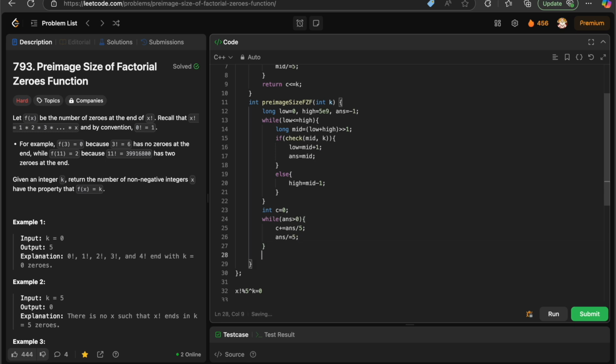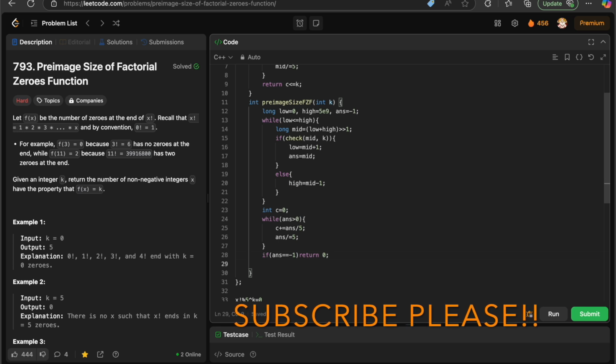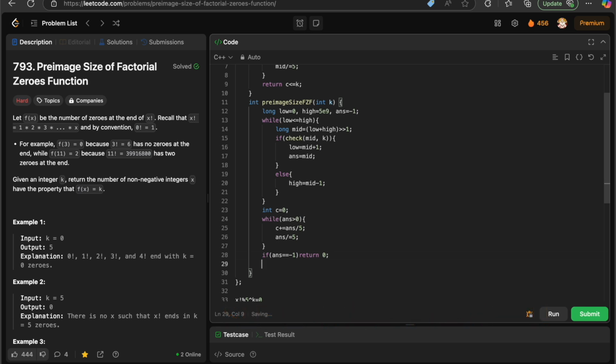At the end of this we check if our answer equals -1, which means we did not find anything, and we return 0, or else we return 5.